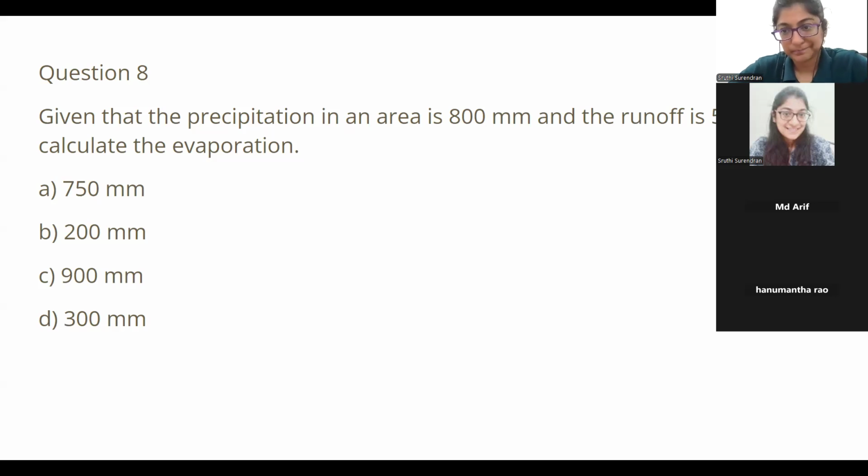Simple numerical. Again, just follow the principle of water budget, inflow and outflow.